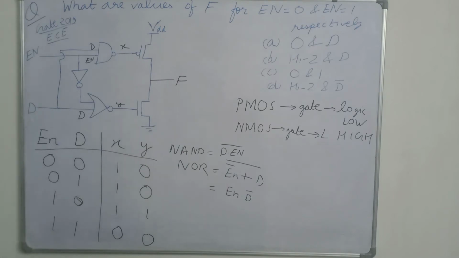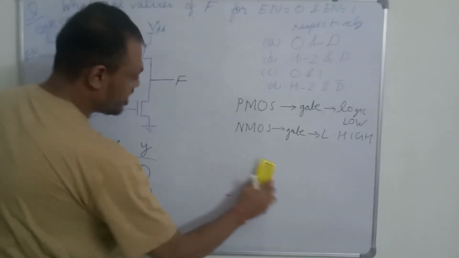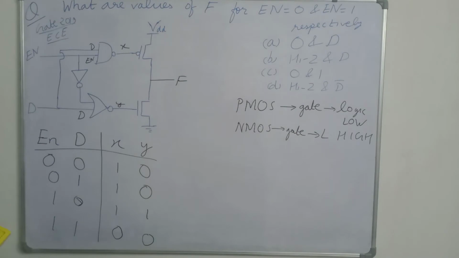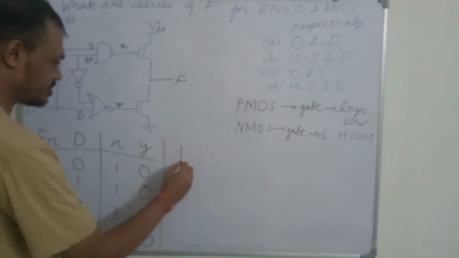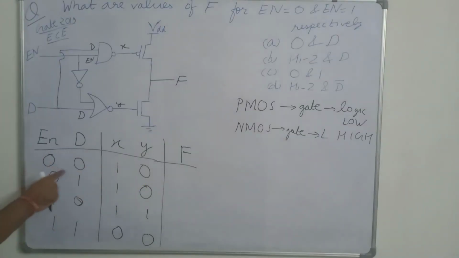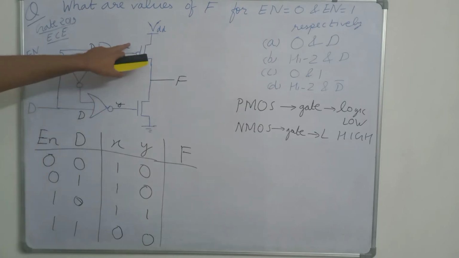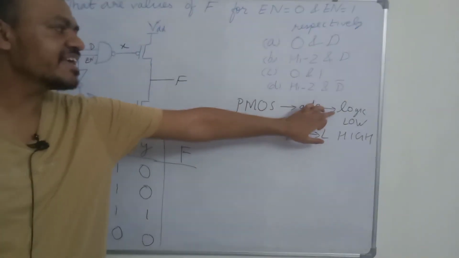Now we will see the output of the circuit, which is F. So when enable is 0, then X and Y are 1 and 0. So X is equal to 1 and Y is equal to 0. So PMOS does not conduct because PMOS conducts when gate is at logic low.